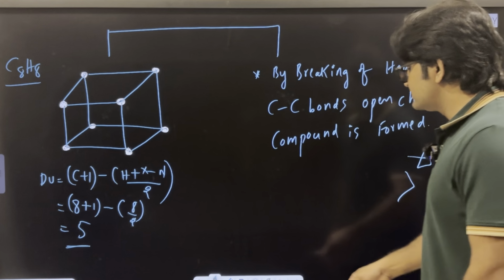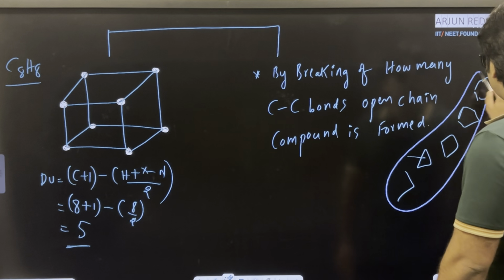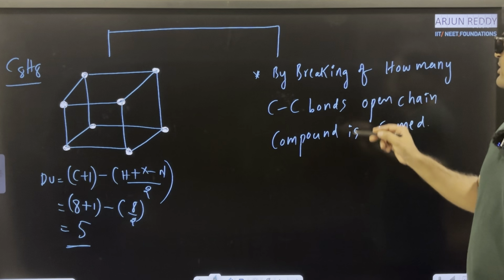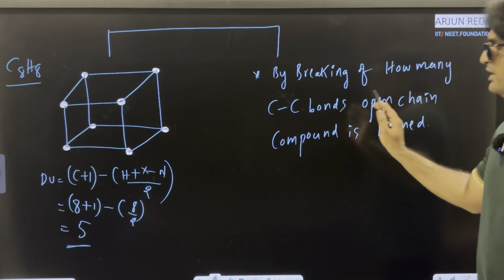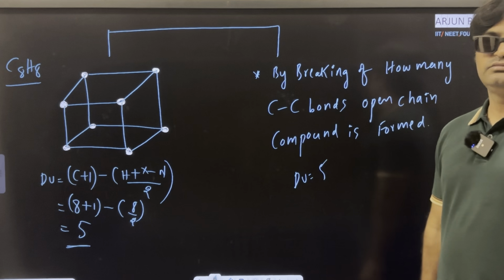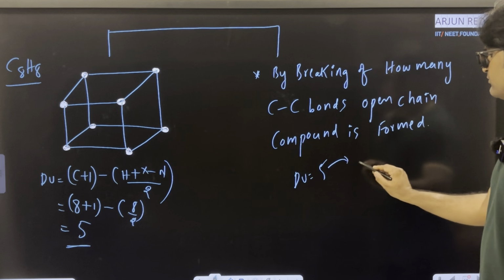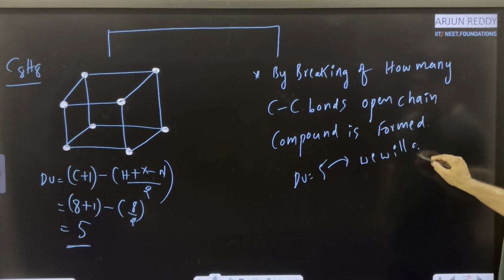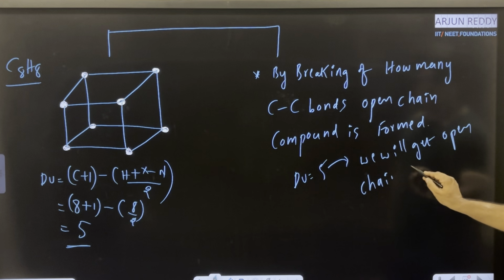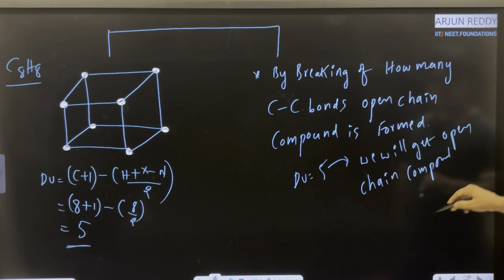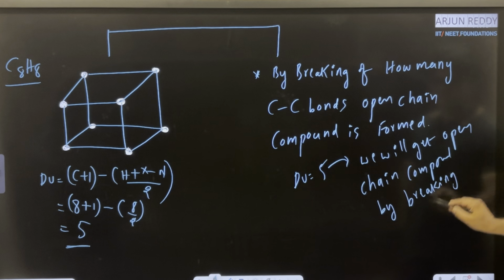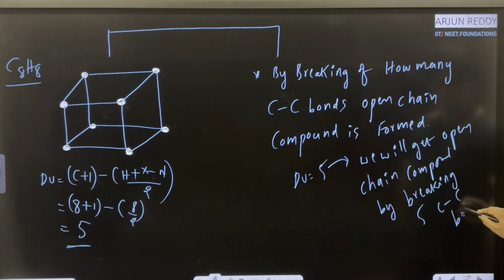But whenever this complicated structure is given, and the question is by breaking how many pi bonds, sorry, how many C-C bonds, an open chain compound is formed, in that case simply calculate the degree of unsaturation. The degree of unsaturation is 5. That means we will get an open chain compound by breaking 5 C-C bonds.